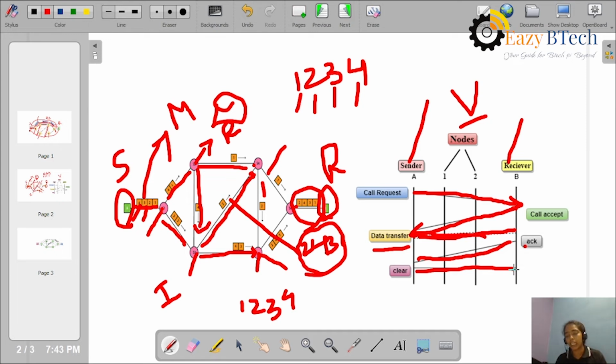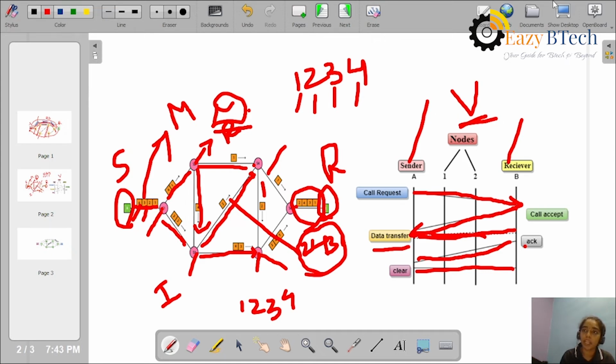Whoever established the dedicated path from source to destination, sender to receiver, gives a clear indication after the entire process is completed, and the path will be terminated. So these are the two approaches of packet switching that we are using, datagram approach and virtual circuit approach.